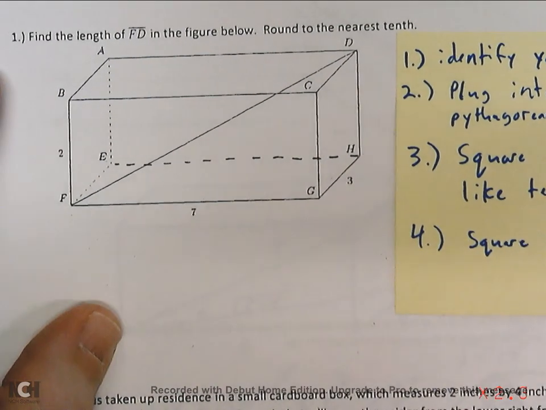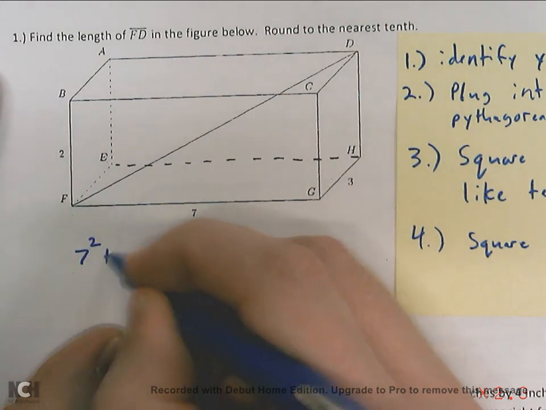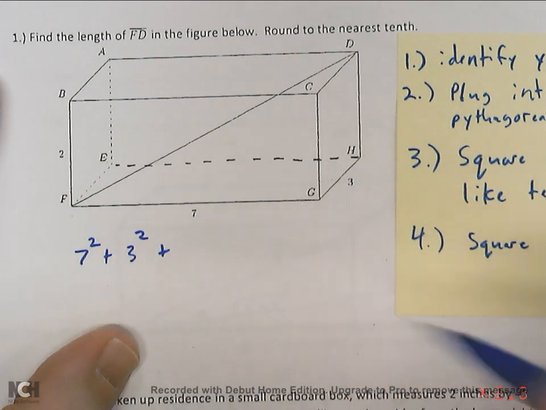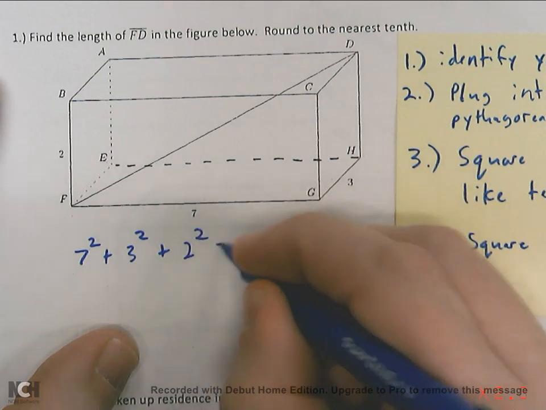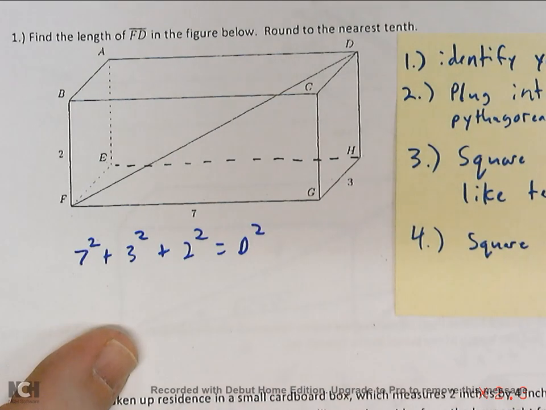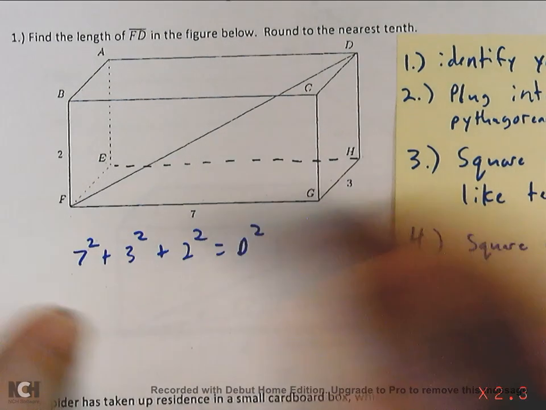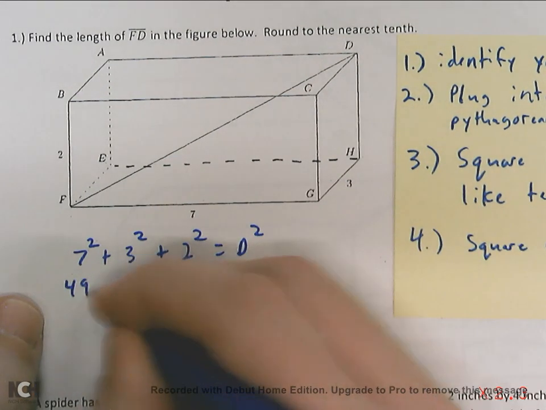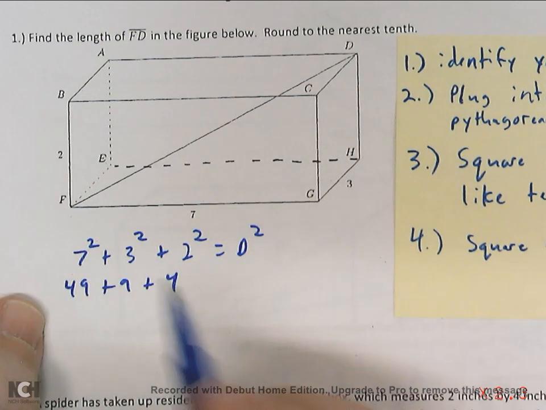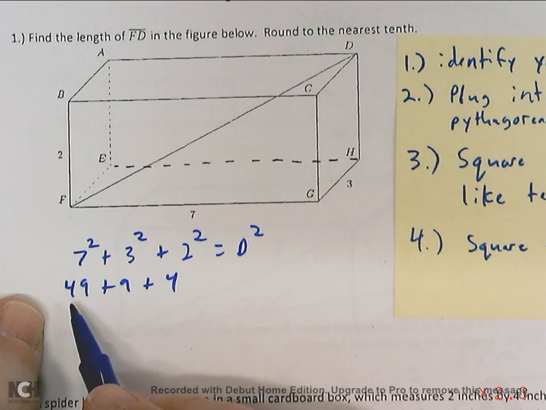Length would be 7, so 7 squared. Width would be 3, so 3 squared. Plus a height, which is 2, 2 squared would equal the diagonal squared. Then I square those. 7 squared is 49, 3 squared is 9, 2 squared is 4.